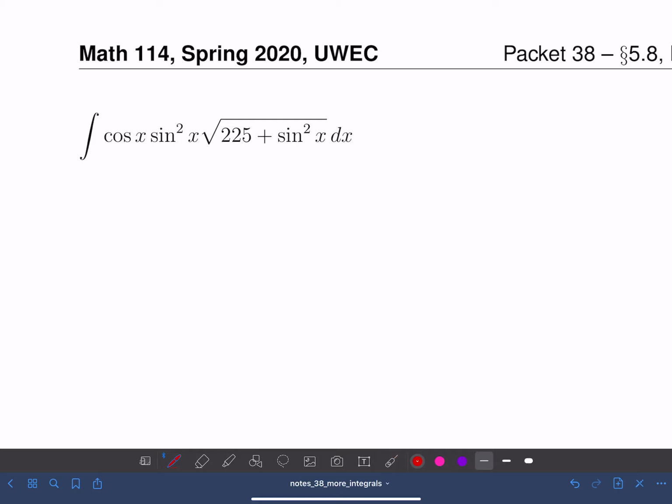All right, so you paused it, and then you unpaused it, and you tried something. So it might be tempting. And oh, I am tempted. I am so tempted to let u equal sine squared of x. Well, then du would be equal to 2 cosine x sine x dx.